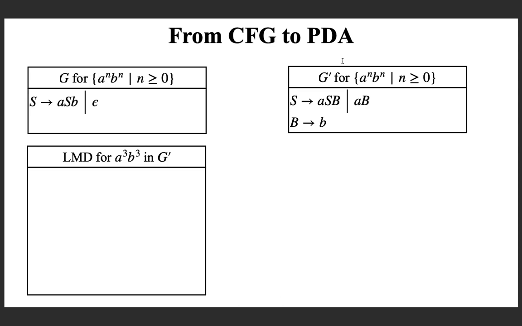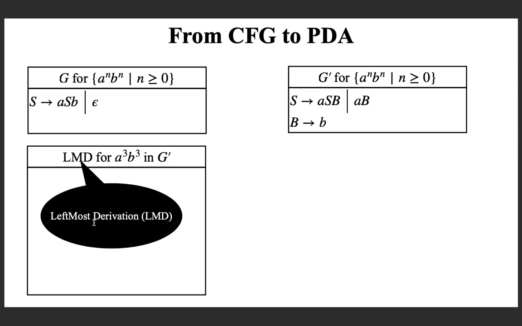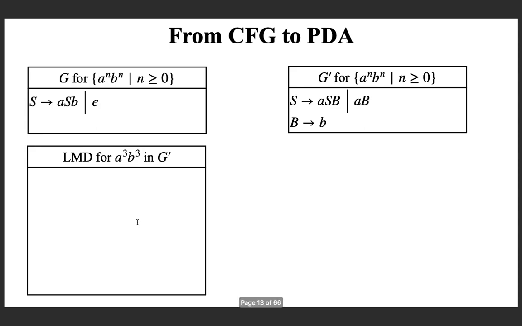Now LMD stands for leftmost derivation. Look at the leftmost derivation for aaabbb. This is an unambiguous grammar, so you can have only one leftmost derivation, and here is how it goes.